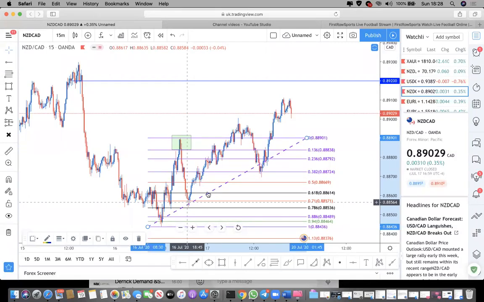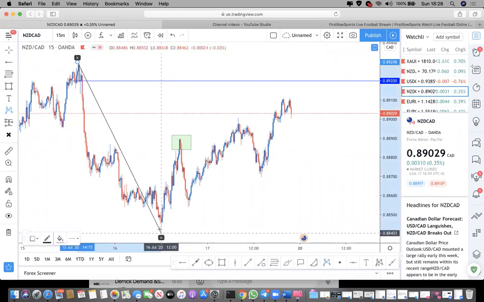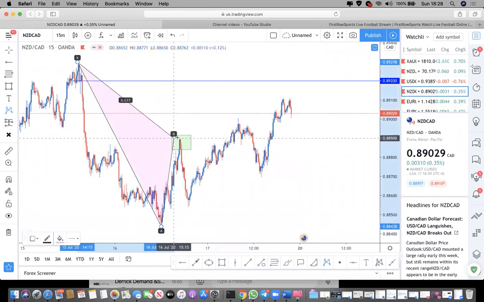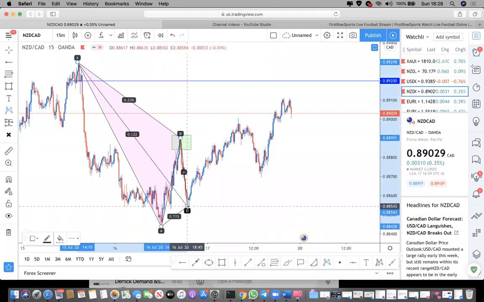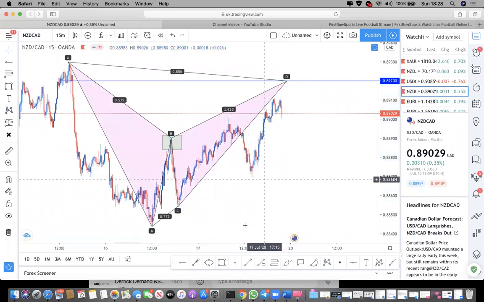We have our pattern confirmed. All we do is we take our ABC pattern from X to A to B, B to C, and C to D. Once price hit this area, we're looking to sell.